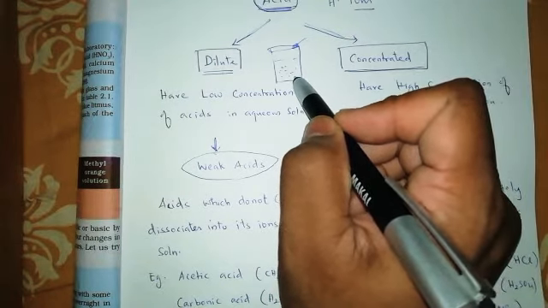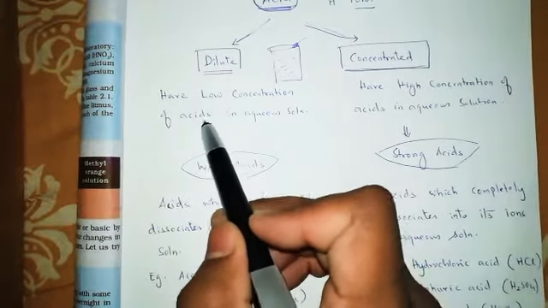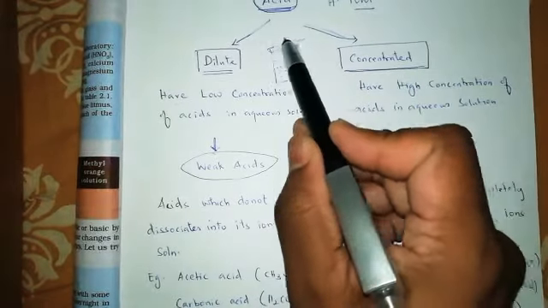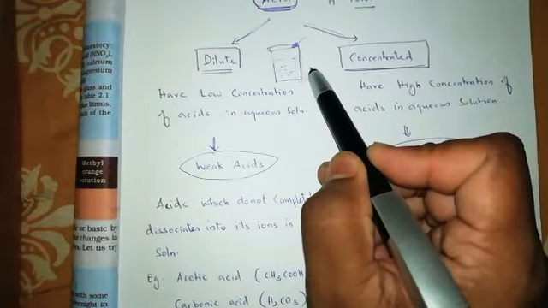No, not that much. Very light. That means they have a low concentration of sugar present in 1000 ml of water, in other words, 1 liter of water.